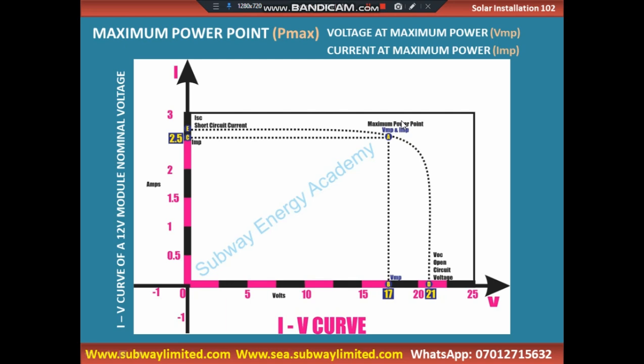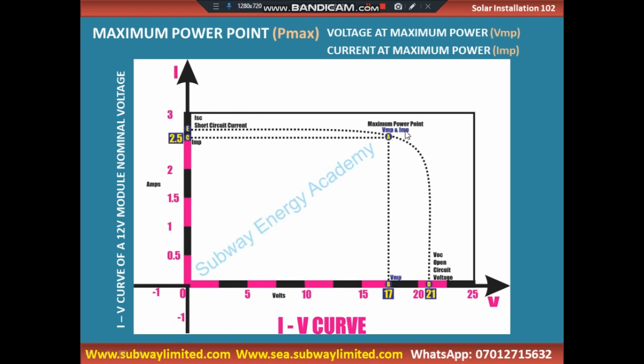The maximum power point is always gotten by multiplying your voltage at maximum power and your current at maximum power when your solar panel is subjected to a load at standard test condition.